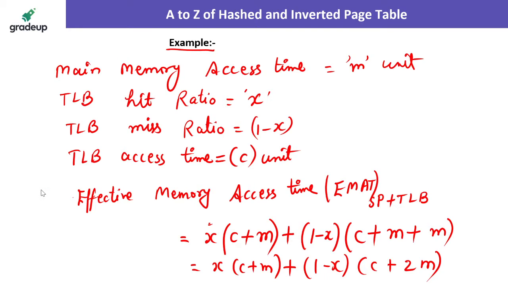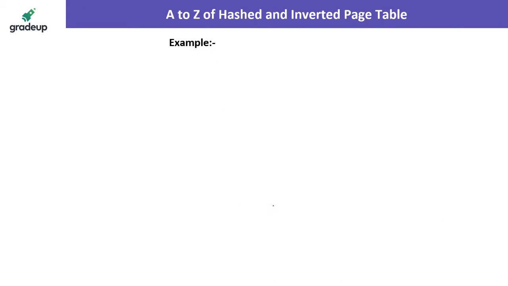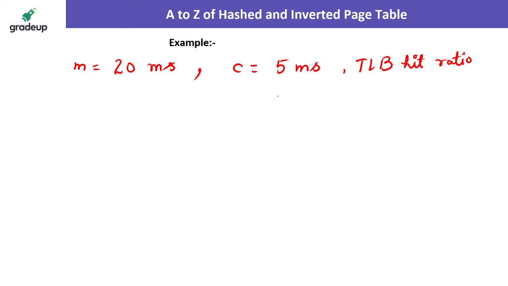Right? So this will become our formula. And now suppose M value is given as 20 millisecond and TLB access time is given as 5 millisecond and TLB hit ratio, that is X, is given as 95%.